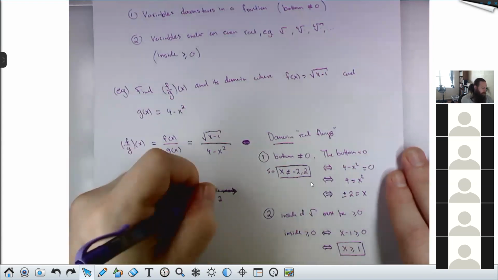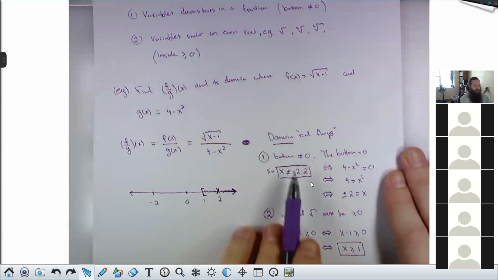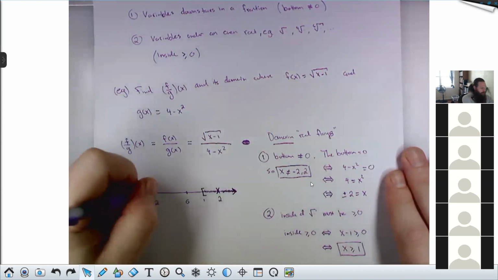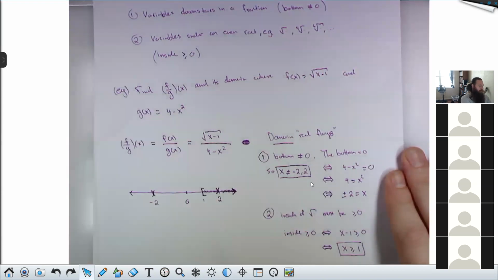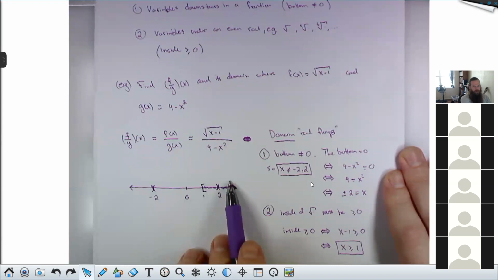The only catch is I'm not allowed to be equal to 2, right? Because that's one of my numbers that I have to get rid of. I also have to get rid of -2, but -2 isn't in this set, so I'm not interested.